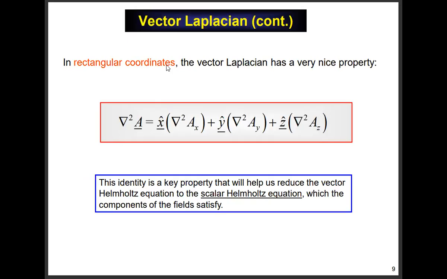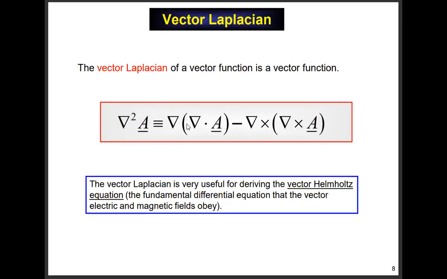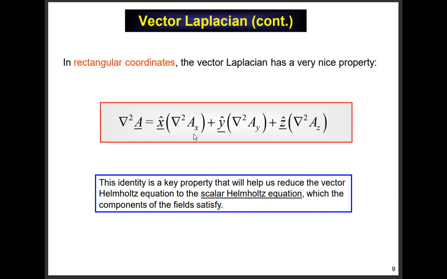In rectangular coordinates, if you take this right-hand side and expand it out, you can show that it can be written like this. The vector Laplacian of a vector function A is x hat times the regular scalar Laplacian of the x component of A, plus y hat times the regular scalar Laplacian of Ay. And finally, for the z component, you see that?